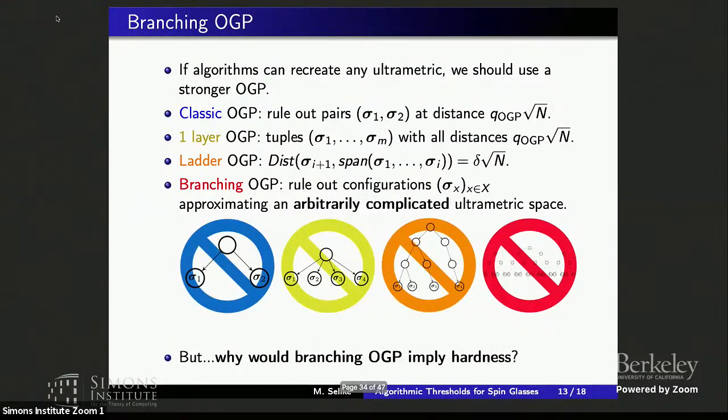Okay, so the first question that may come to mind is, how would we get to hardness from here? So in versions of the OGP that are like these previous setups, you can imagine some continuous path where you stop at the right points, like what Bryce was explaining in his talk. And if you stop at the right points, you get a configuration like this.